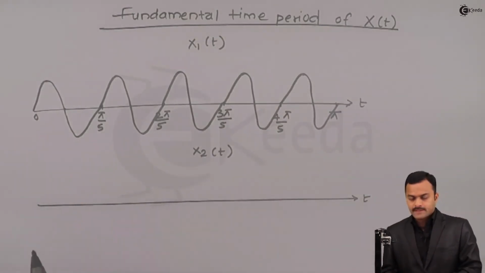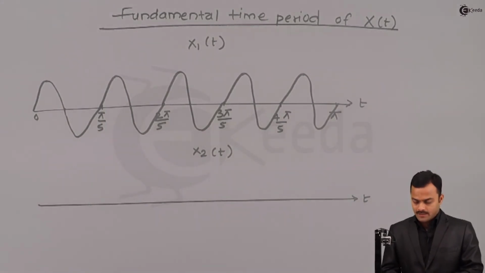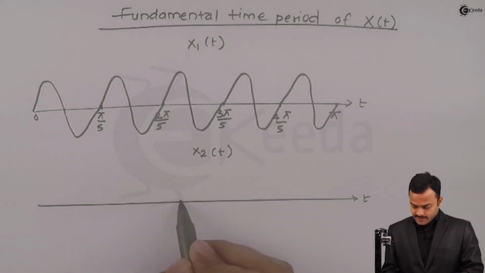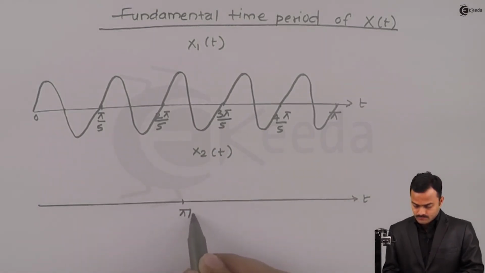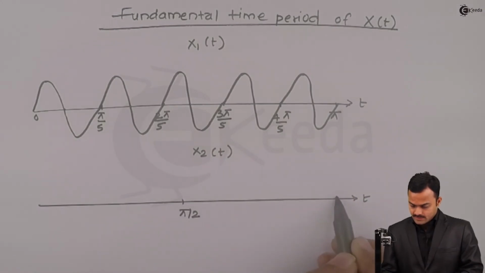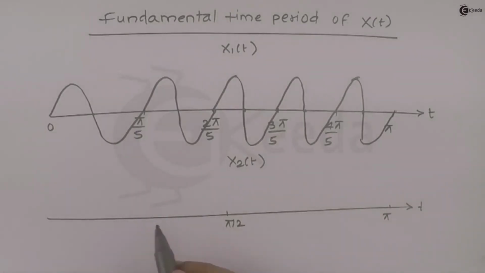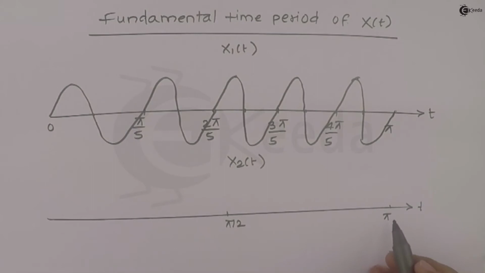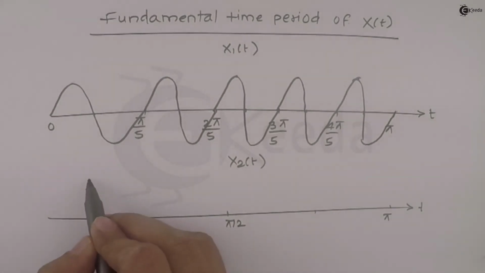Let's consider x2(t). The fundamental time period for this is pi by 2. So somewhere here I will get pi by 2, and then let's consider this is pi. So I can get x2(t), whose fundamental time period is pi by 2, like this.